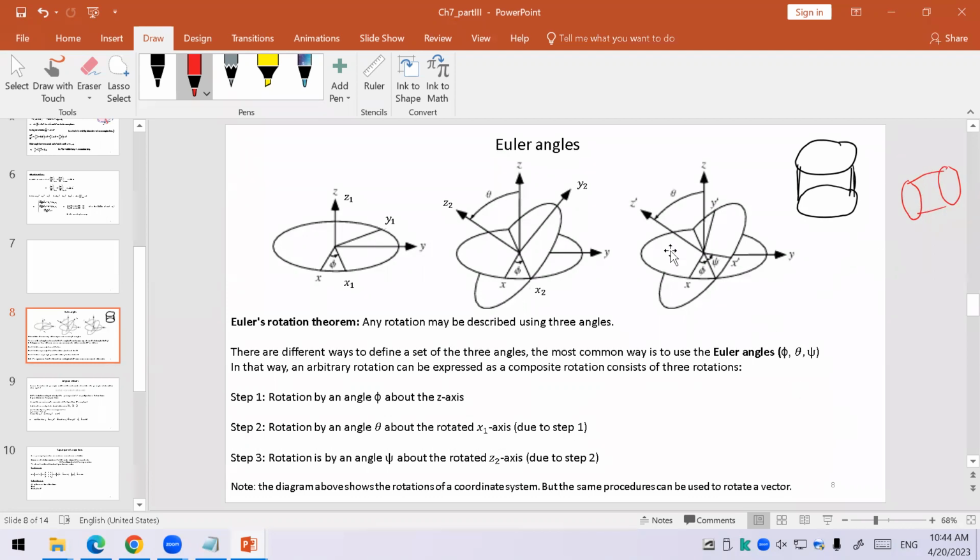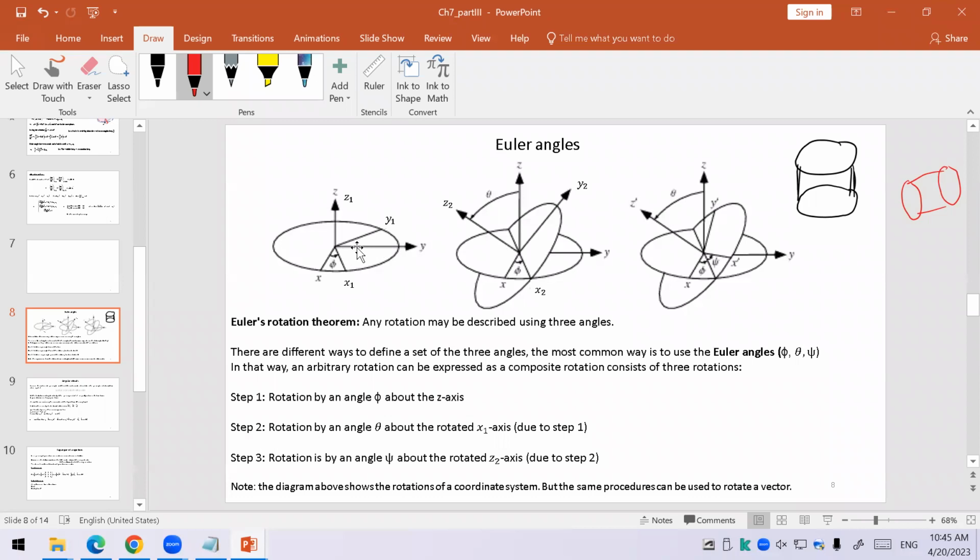So then the procedure is the following. No matter what, when I reorient an object, it can always be described by a series of rotations. And that is the Euler's rotation theorem.